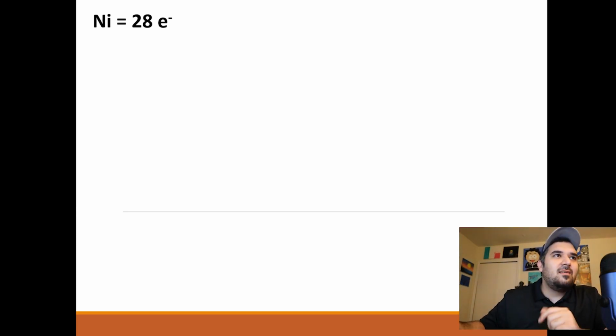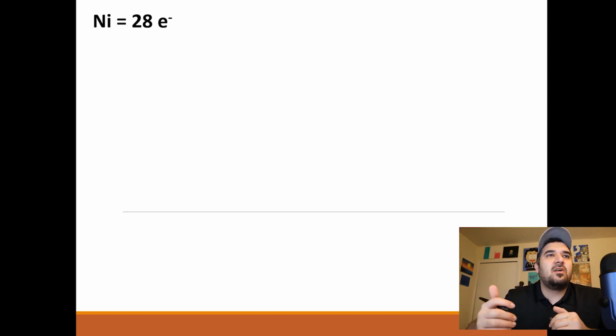Even then, it's easier to have the chart in front of you as you work through these, because I don't want to go off the top of my head and show y'all something that's incorrect. So I'm looking at Aufbau's principle on my second screen, and I'm going to fill this out real quick. I could just show you the next page, which has the answer, but I want to show y'all how to solve these. So nickel has 28 electrons.